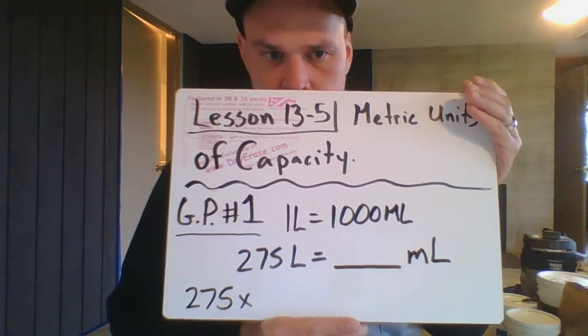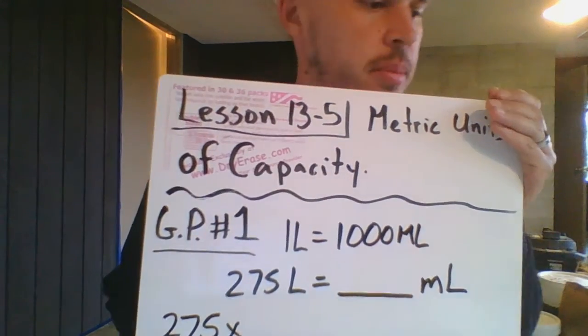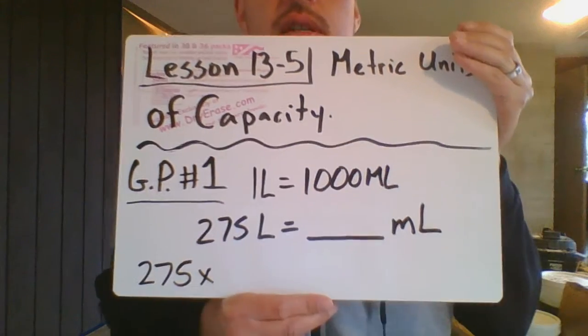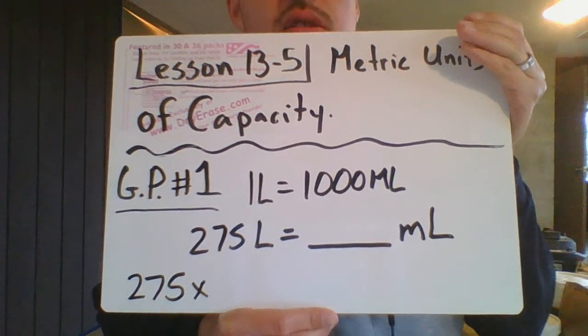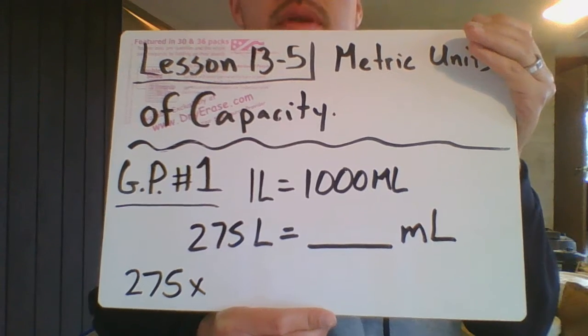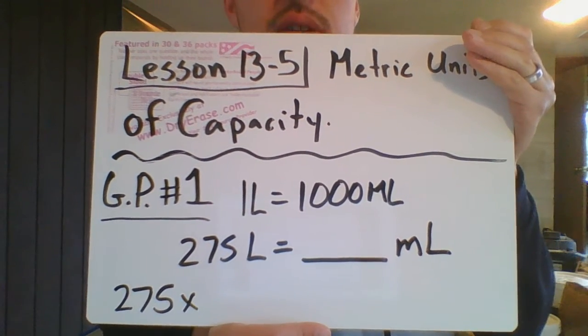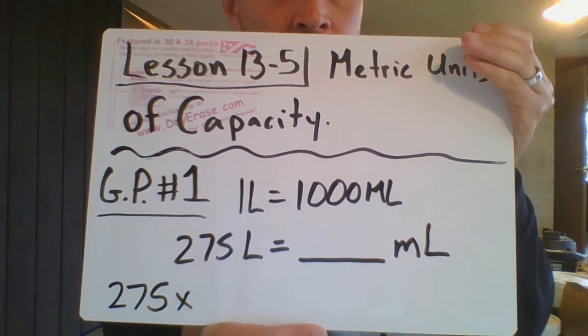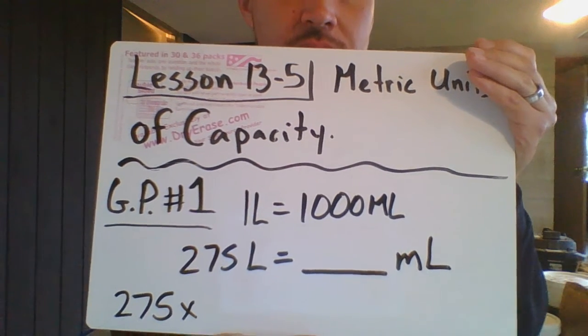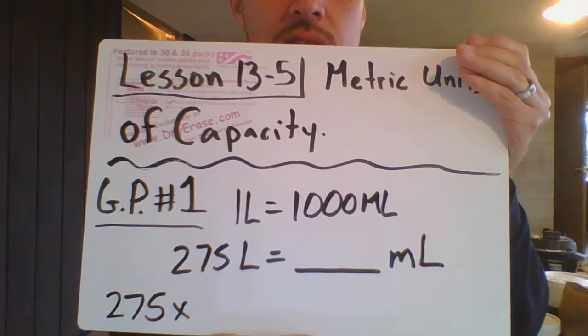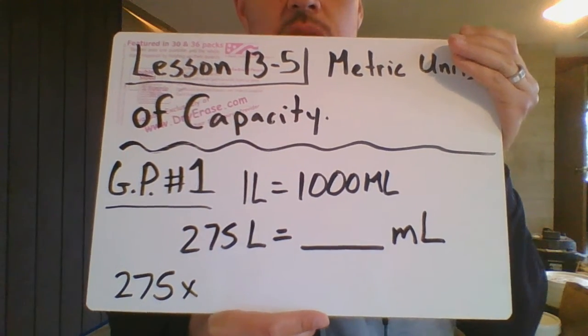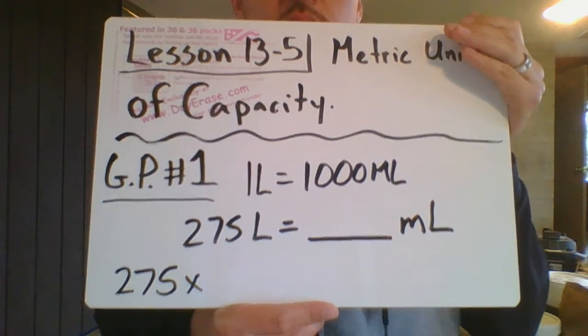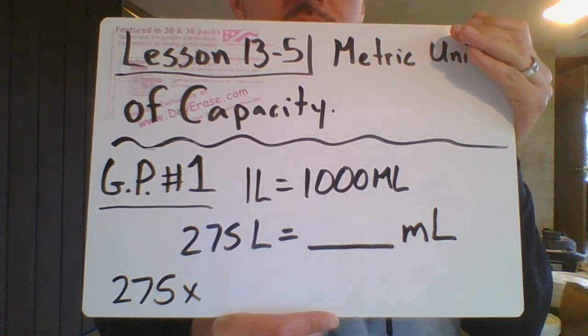Okay, this is number 1 on the guided practice located on page 314. It states 275 liters equals how many milliliters? So you're going to think of your base unit that you wrote down. You know that 1 liter equals 1,000 milliliters, but you're dealing with 275 of these liters. Now, you are not going to add 1,275 times. What you're going to do is multiply 275 times 1,000.